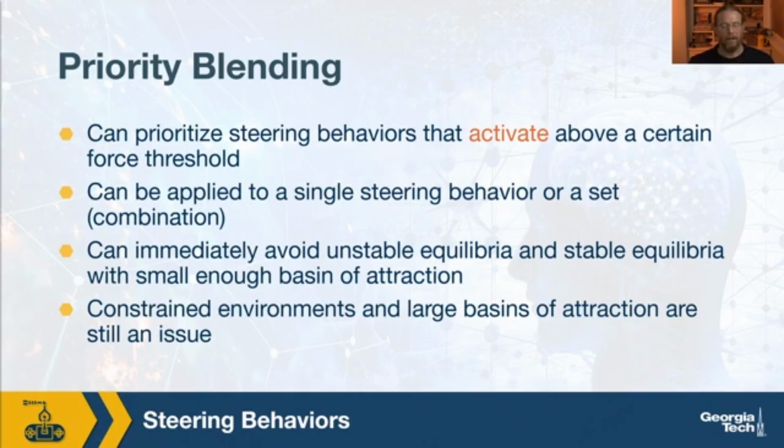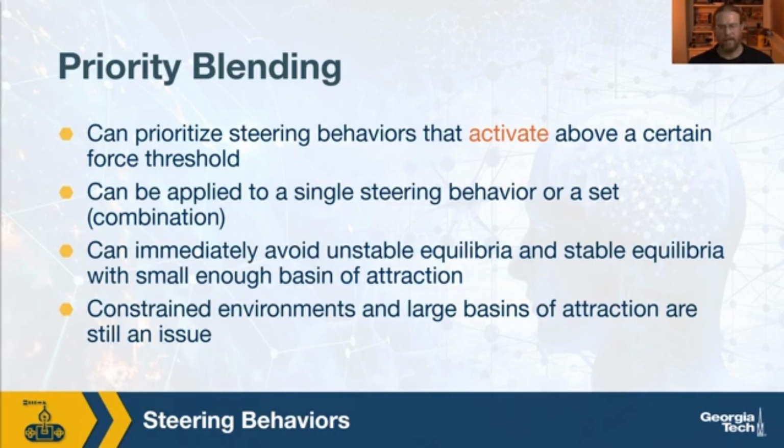But you can apply this to a single steering behavior or perhaps a set. So a set meaning a group of steering behaviors that are blended maybe additively. And so if that collection doesn't generate above the threshold, then we skip to the next set.